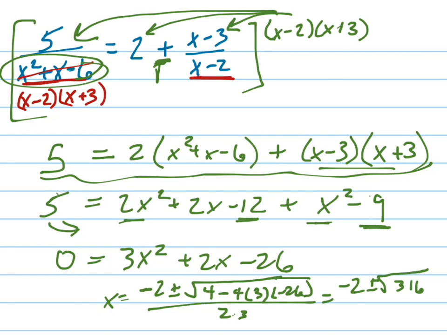So that's 316 on the inside the radical there, all over 6. And you could simplify that a little bit if you want, but long story short, that's your answer.